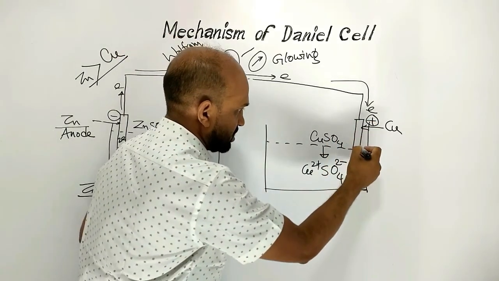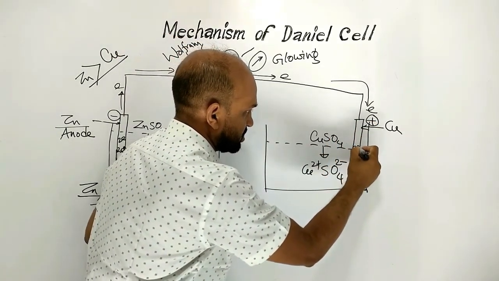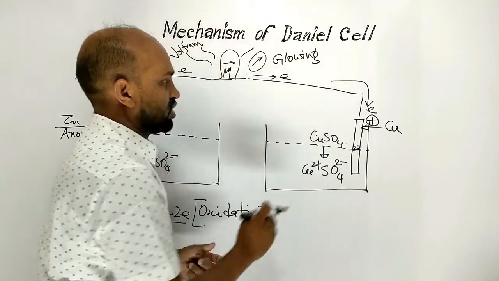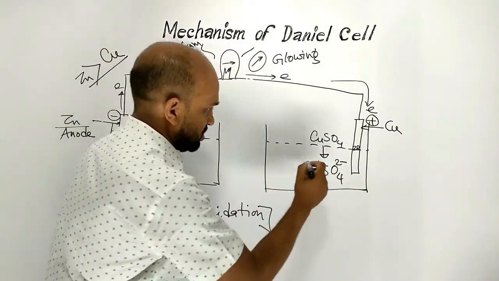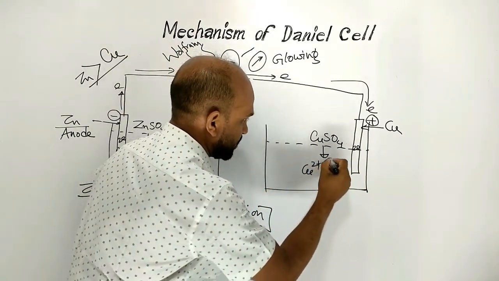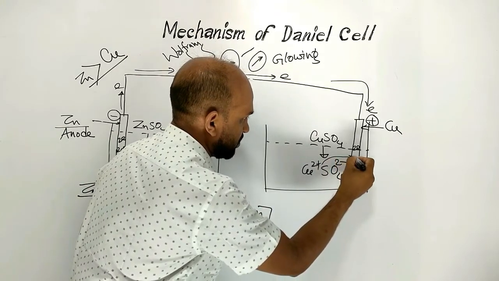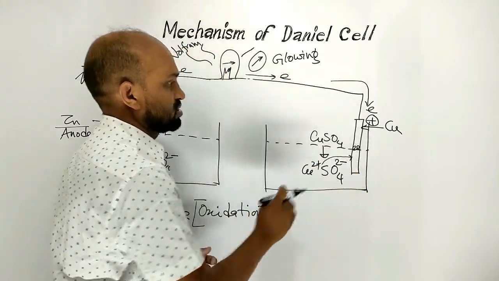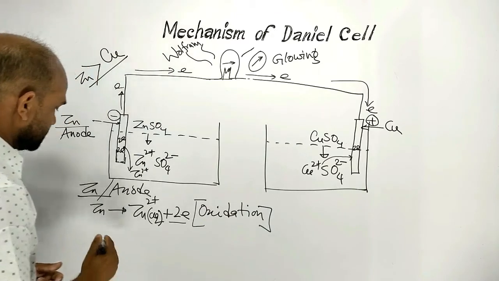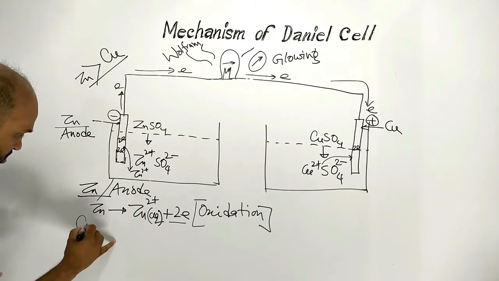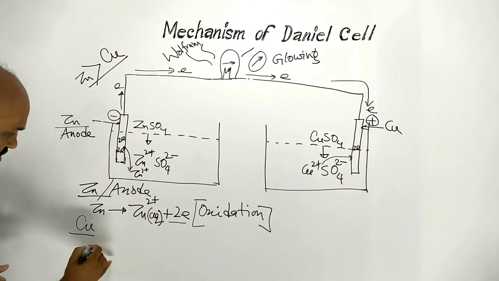Here, electrons enter the copper bar, then the copper 2 plus ions will migrate to this copper bar, and this reaction happens at the copper bar.